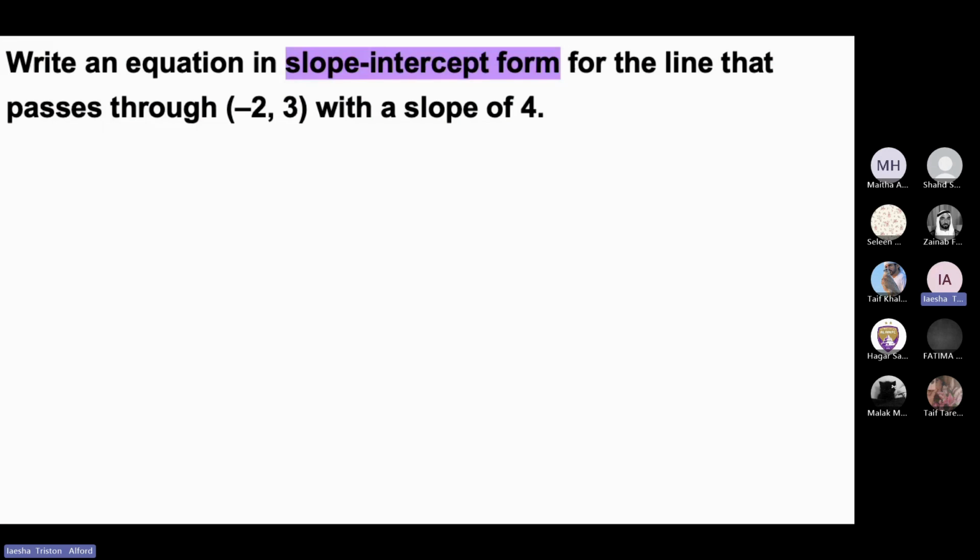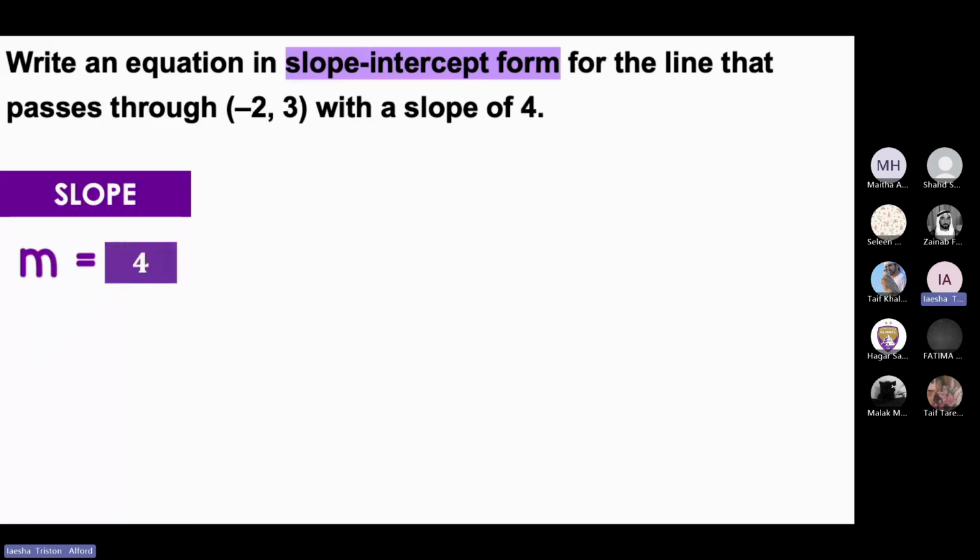So this one says, write an equation in slope-intercept form for the line that passes through -2 and +3 with a slope of +4. First thing you need to do is say what is the slope. So anybody out there participating today? The slope is +4.